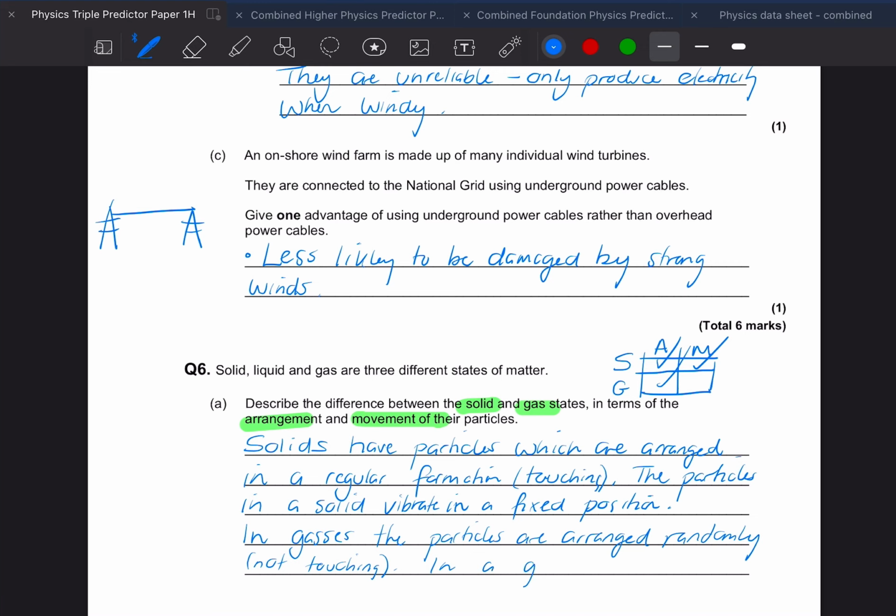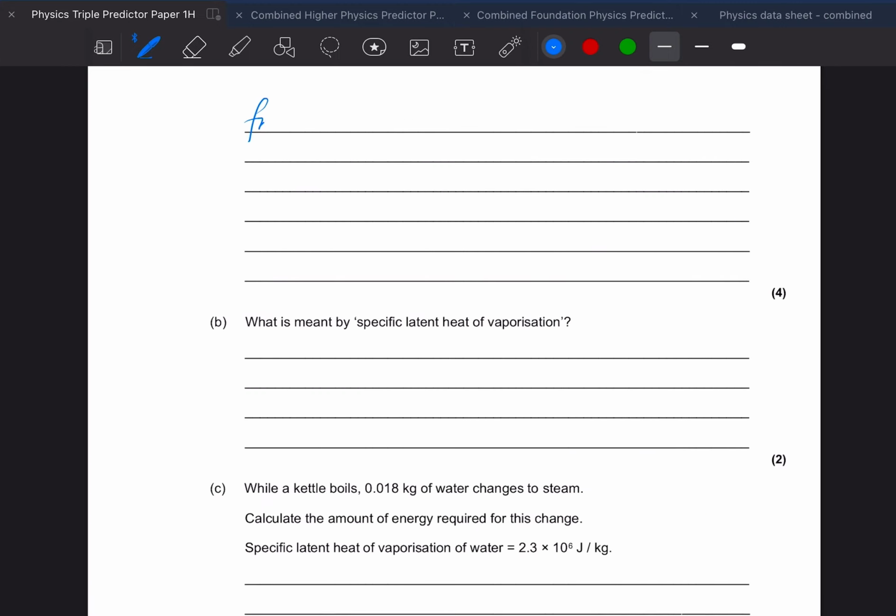In a gas, particles are free to move at a range of speeds and directions.